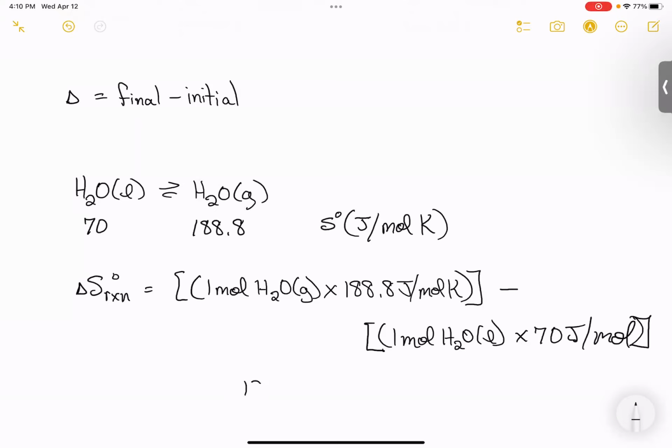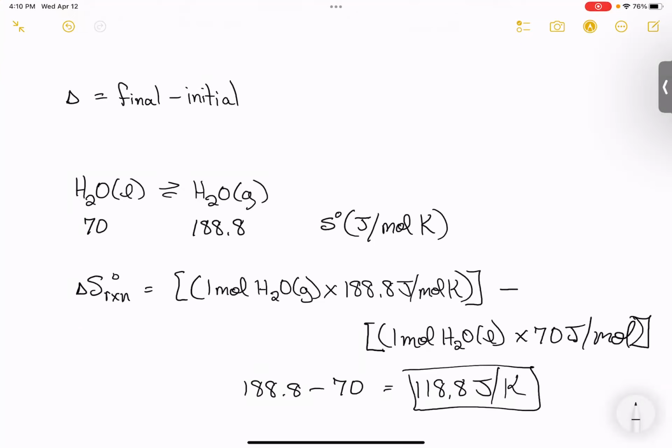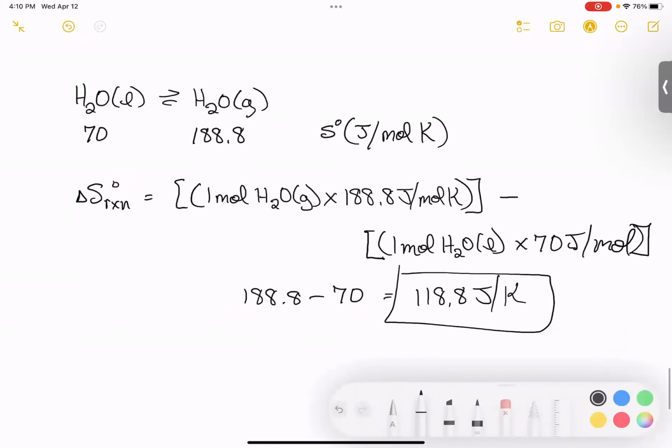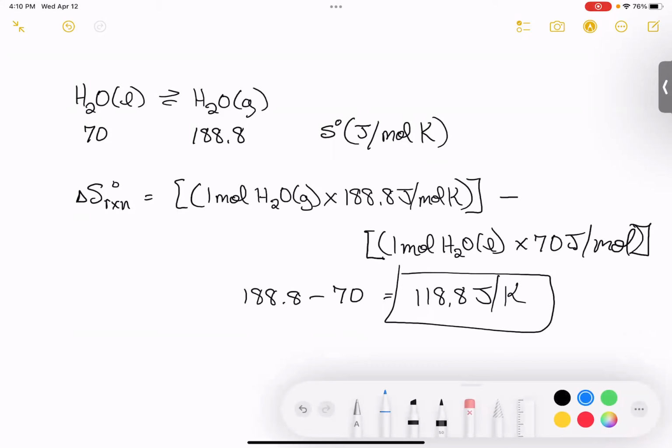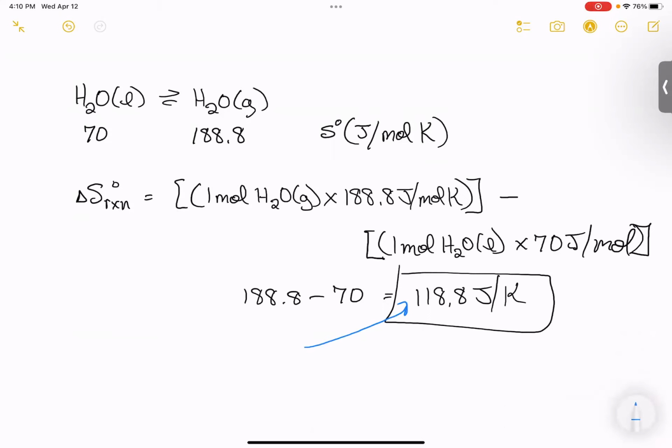Or in other words, in this case, it's 188.8 minus 70. So it comes out to be 118.8 joules per Kelvin. This is your entropy for this reaction. Because I did not list a sign, it does mean that it is positive.